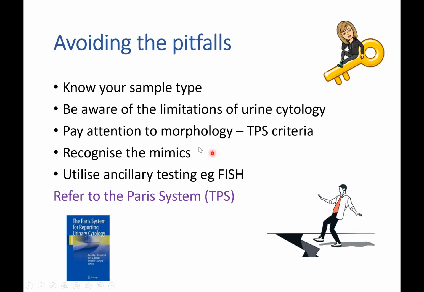Make sure you can recognise the common mimics of abnormality, and if available to you, there's always the option of ancillary testing. I think the Paris system book is useful as it covers all these above aspects, and I would imagine that with experience of cytologists applying the criteria in practice, it will evolve and be updated. Thank you.